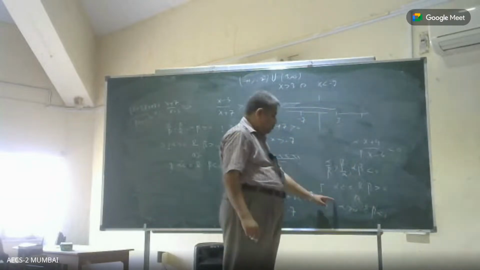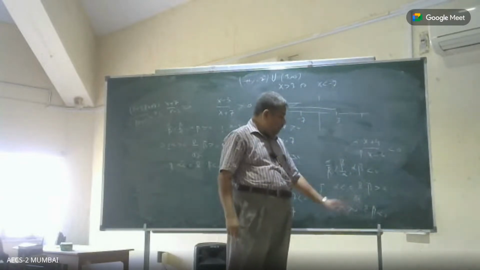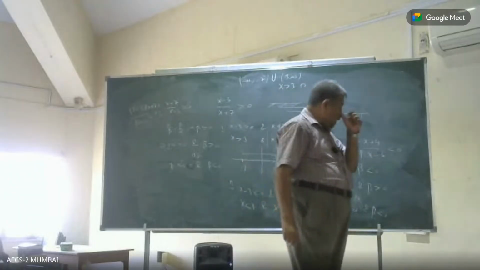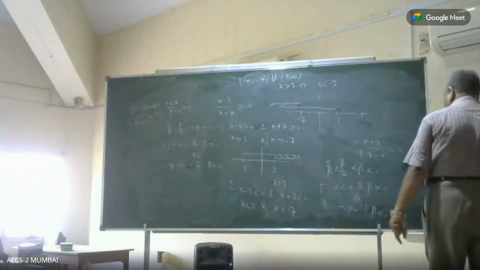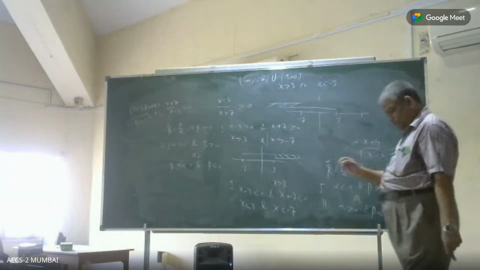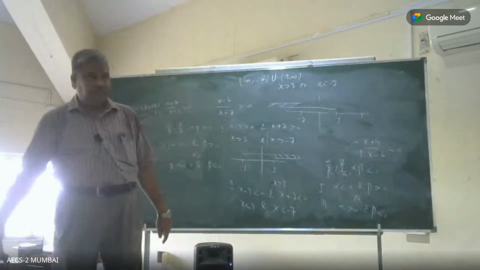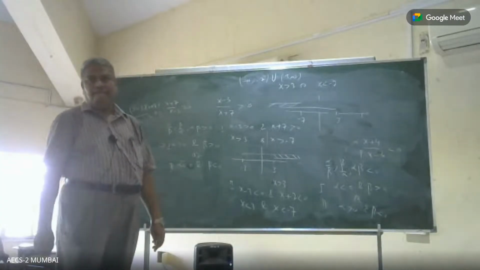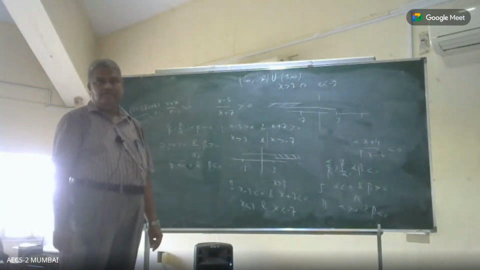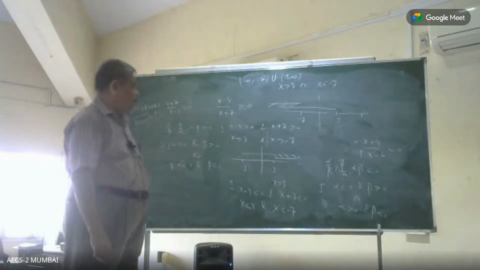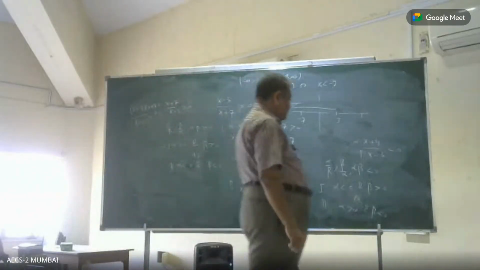So you do this: you take the overlap and then take the union. So what is the answer to this problem? So tell me the final answer.